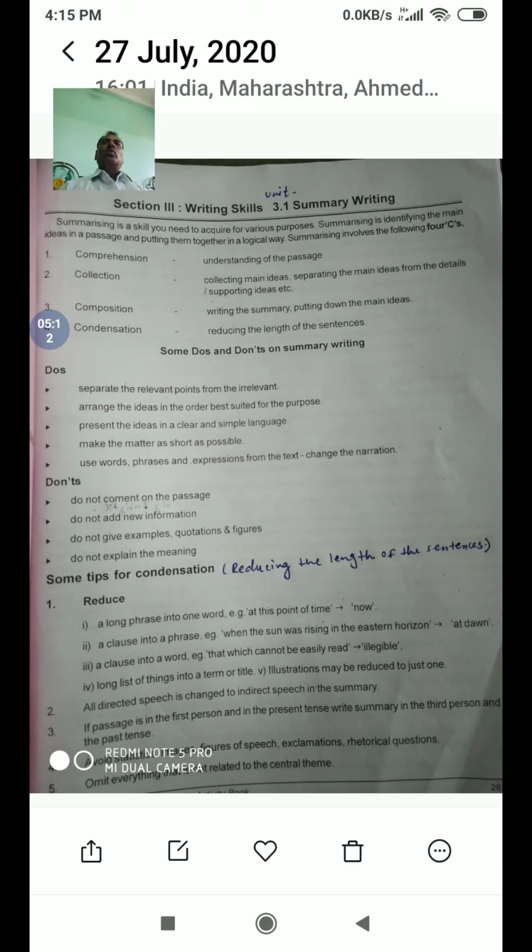Now, the main ideas and supporting details regarding summary writing. The main idea is the key point in the text. Any type of text has a topic, main idea, and some supporting details.